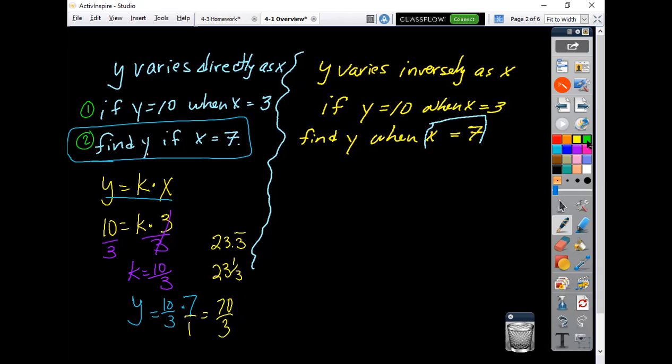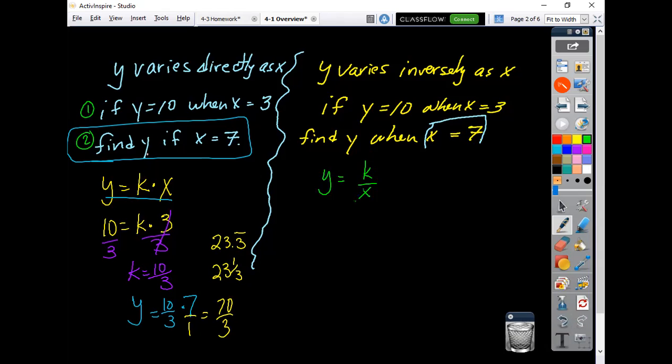Well, now let's look at how it works inversely. I've got the exact same problem, same numbers, but it's an inverse relationship. So for this problem, y varies inversely as x, which would look like that.